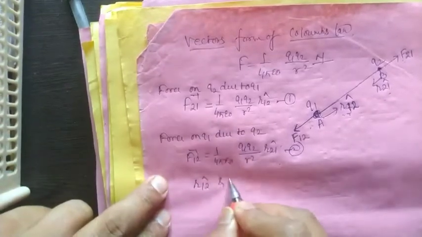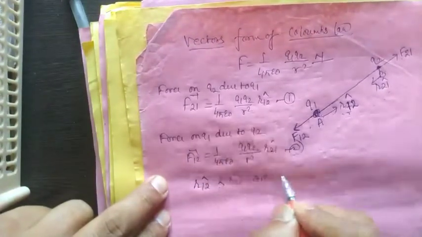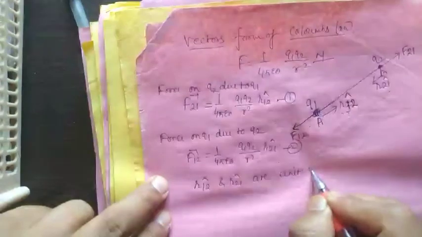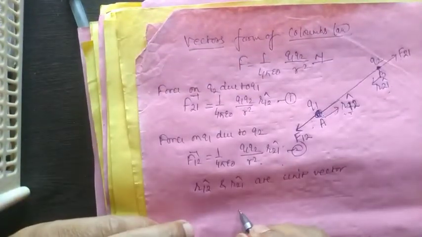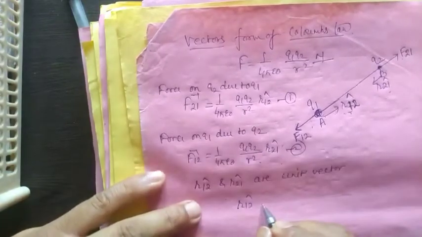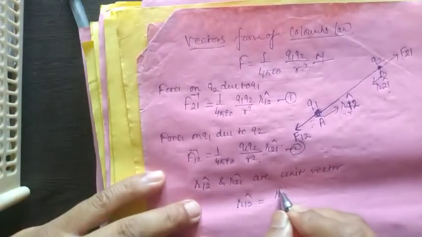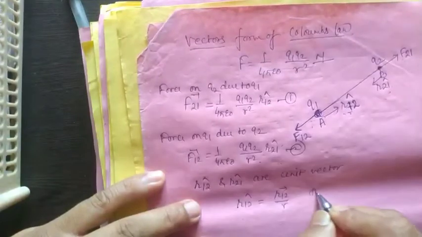R12 and R21 are unit vectors, which are defined as this.